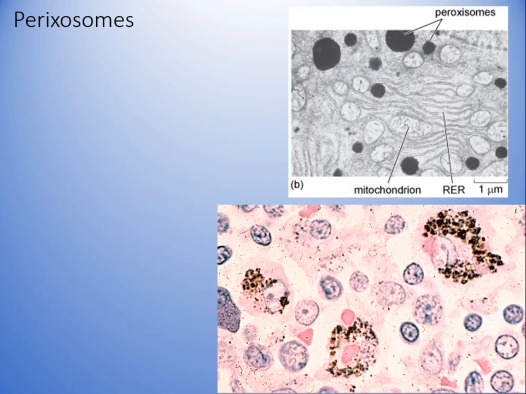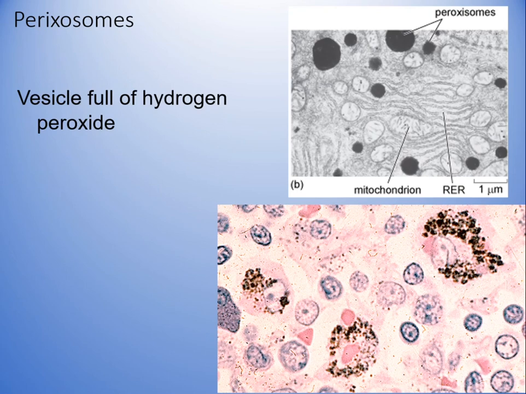Students often confuse lysosomes with peroxisomes. Lysosomes are in many different cells, and they digest and break down normal substances that have run through their life, like machinery that you throw away. Peroxisomes, on the other hand, are vesicles too, but they have a more specific purpose, and they're full of hydrogen peroxide.